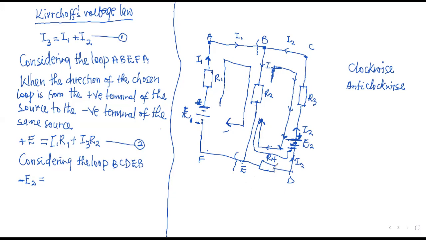Now the PD across R4, would that be positive or negative? Class, over to you. The PD across R4, will it be positive or negative? Anybody? Negative. Why negative? Kenneth, why negative?